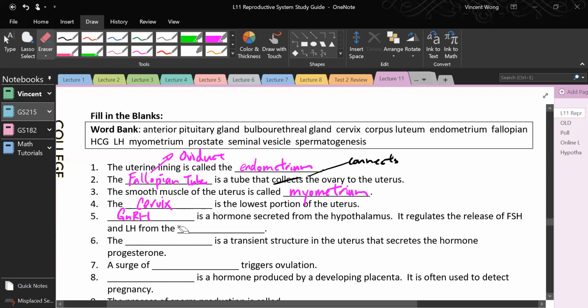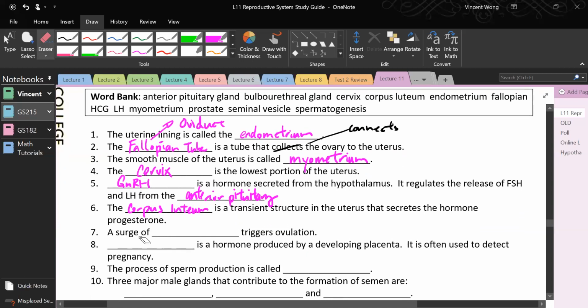And the FSH and the LH will be released from the anterior pituitary gland. The corpus luteum is a transient structure. It's not going to last for very long. If no pregnancy occurs, it's just going to last for about 14 days. And it secretes the hormone progesterone.